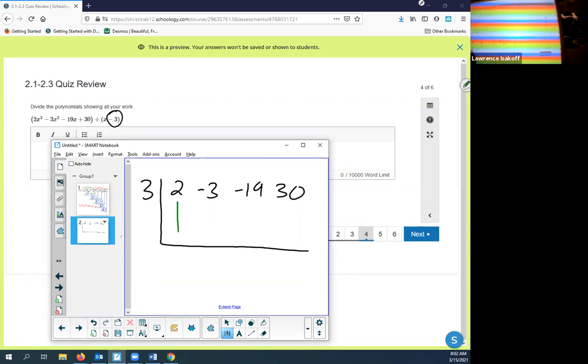Okay, let's start with bringing the 2 down. Then I do 3 times 2 is 6, and then I add them up again. -3 plus 6 is +3.